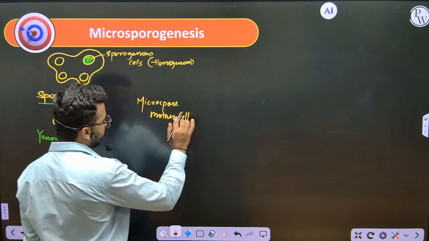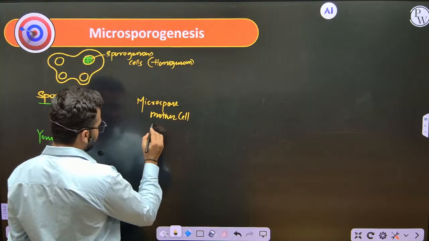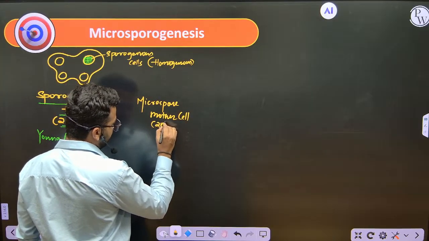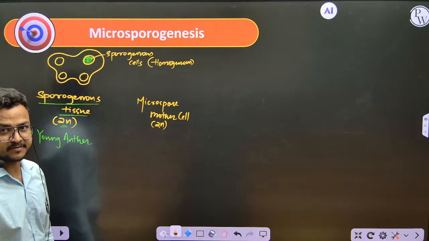That's why we call it the microspore mother cell, which is also in the 2n stage.